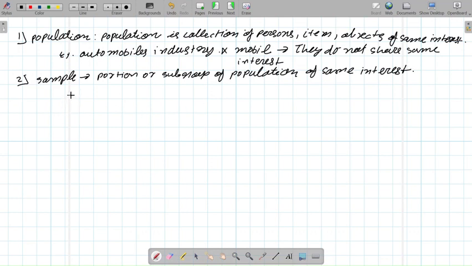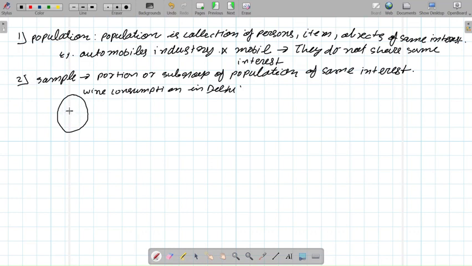Okay, so suppose that we want to study the population. We can take the example of wine consumption in Delhi.